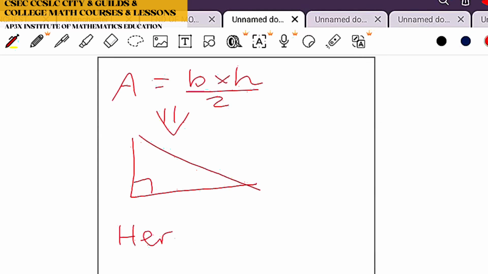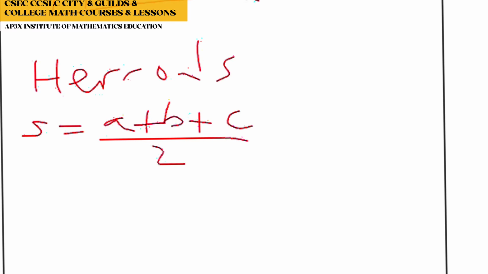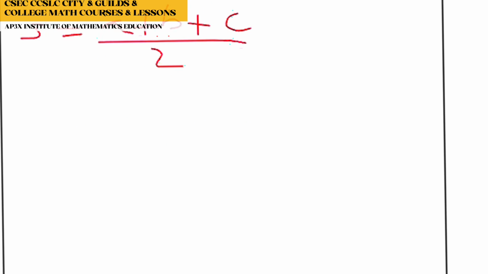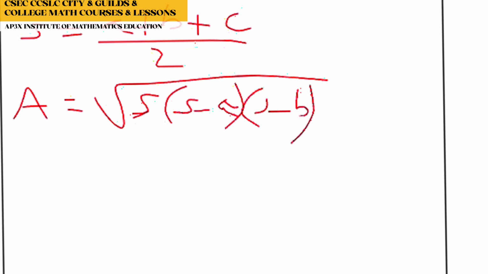And so Heron's formula, just to reiterate, it is S is equal to A plus B plus C divided by 2. That's the first part. And once you've obtained the value for S, then you proceed to find A, which is the square root of S bracket S minus A, S minus B, S minus C.